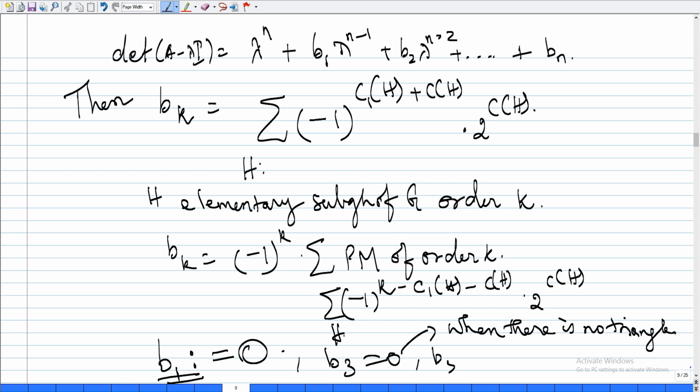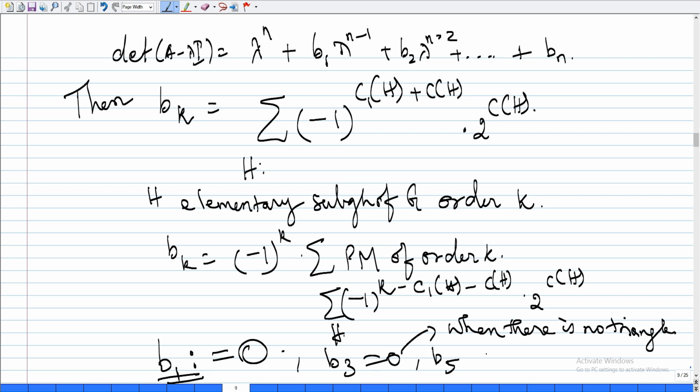Similarly, if we think about B5, because for even vertices there could be edges possible and cycles are also possible, but for odd vertices the only possibility is we can count this entity here only with cycles with an odd number of vertices, because we cannot have 2 edges and a singleton vertex hanging over.